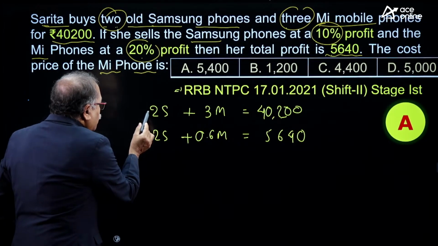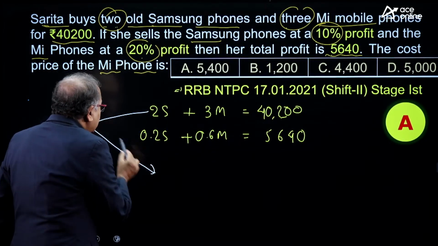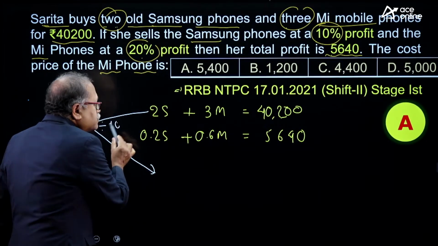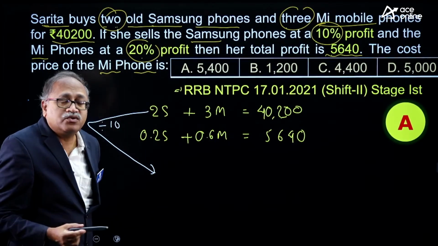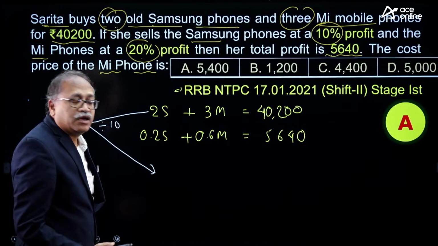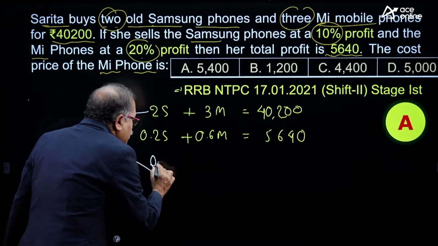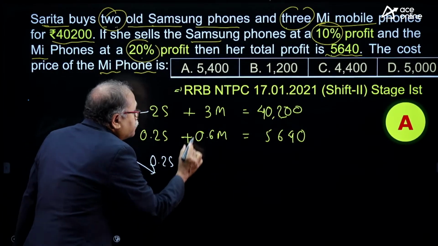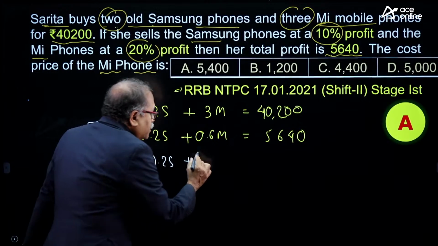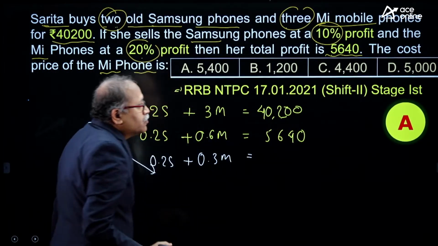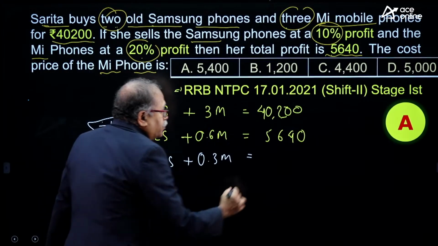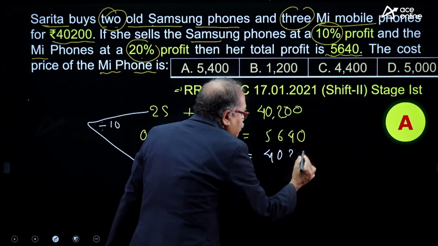So look at this one. What if I divide this by 10? If I divide this by 10, it becomes 0.2S. 0.2S is already there. So let's write down this 0.2S plus 0.3M, which is equal to 4020.